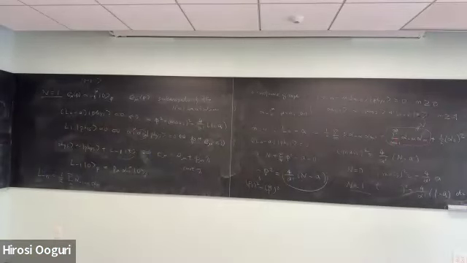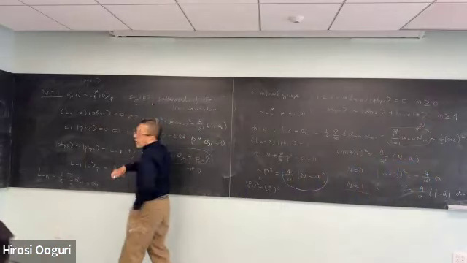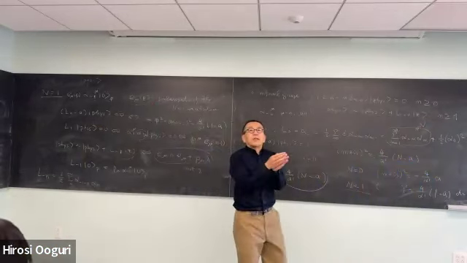So now let's look at this one. Let's try to count the number of polarizations. Initially we have E mu, so it has D polarizations, right? Because mu goes from 0 to D. And we are imposing this condition for the P square, which does not change the number of polarizations.